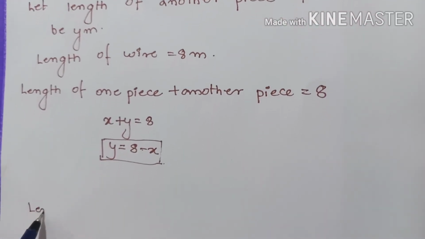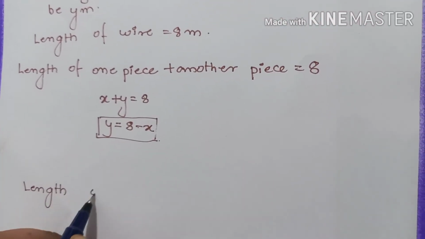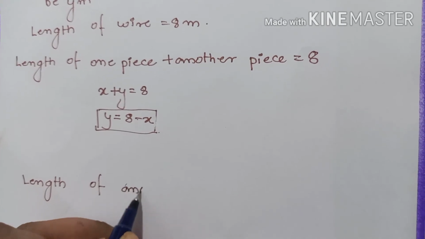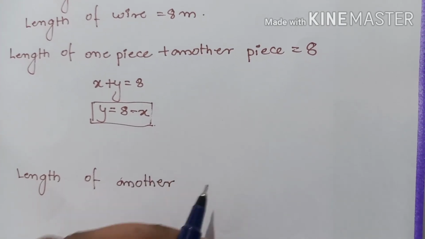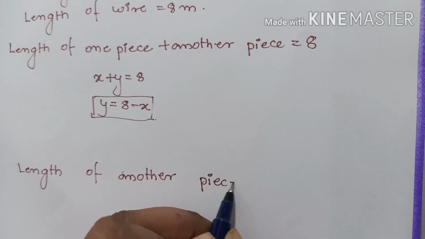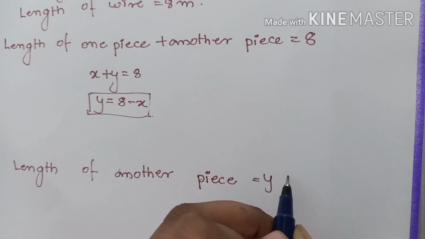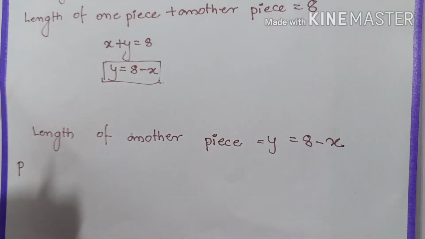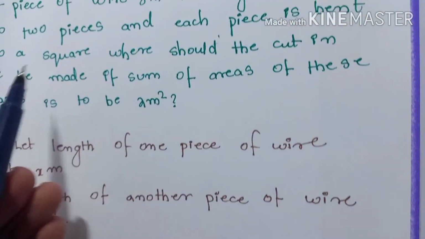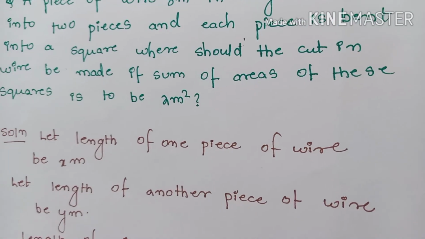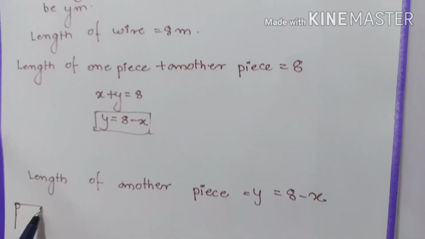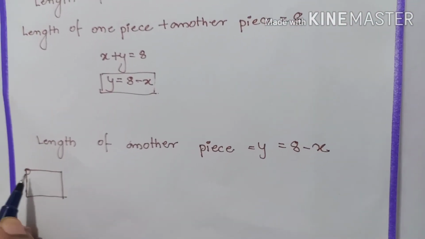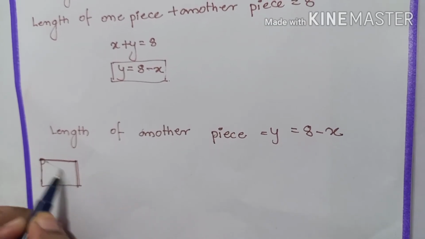So the length of another piece of wire equals y, and we have got y equals 8 minus x. In the question they have given that each wire is bent into a square. Each wire bent into a square means only the outer boundary, not the complete inside.